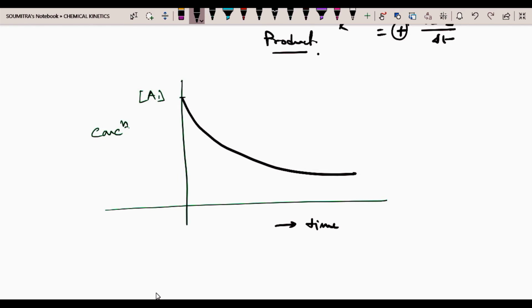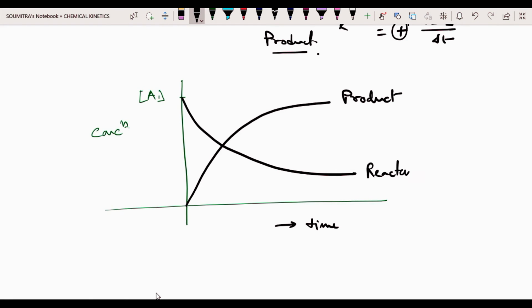Here is the time, and for the product, initially the concentration was 0, and with respect to time it increases. That means this is your product and this is your reactant.